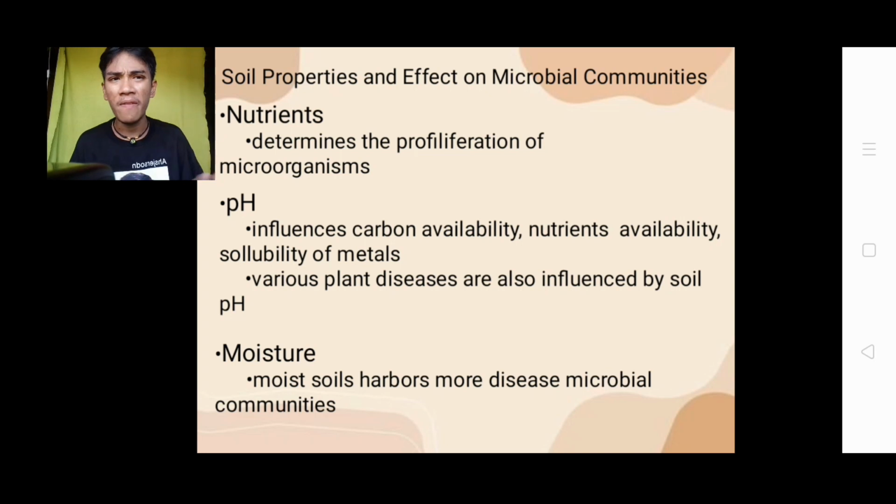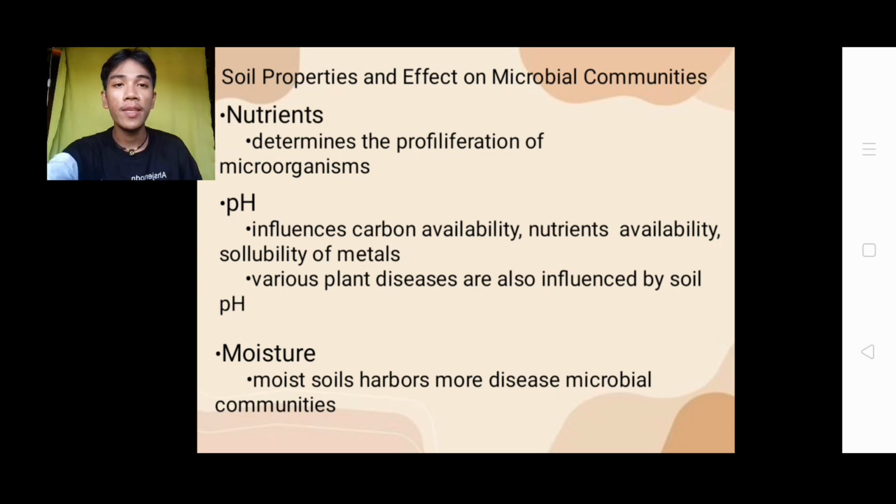Various plant diseases are also influenced by soil pH. The next one is the moisture. Moist soils harbor more diverse microbial communities. Excessive soil moisture may lead to lower biomass of microorganisms.